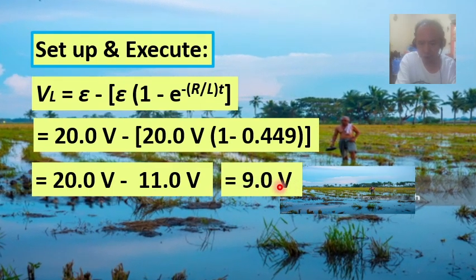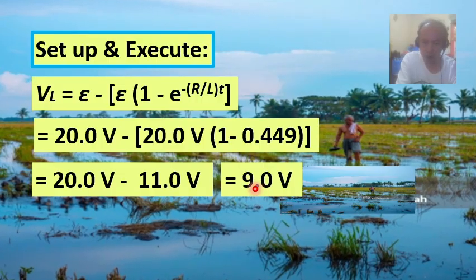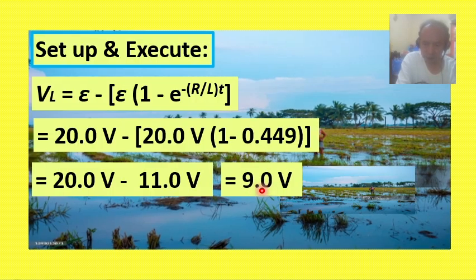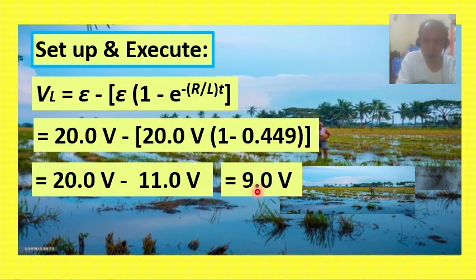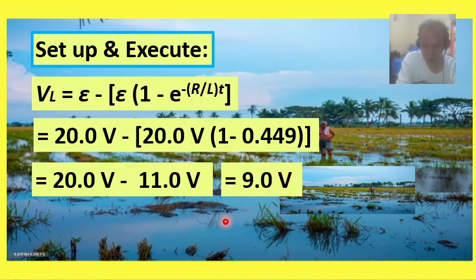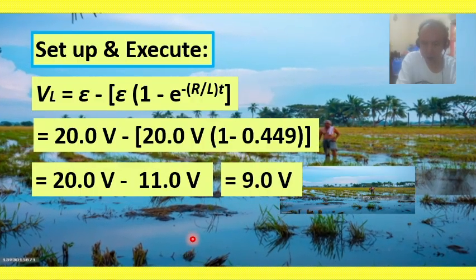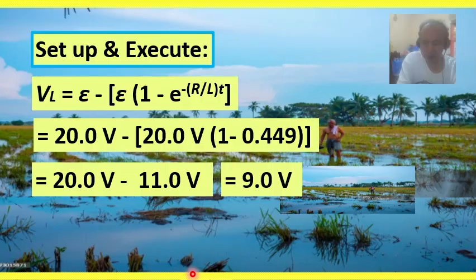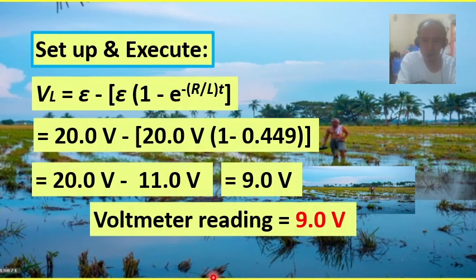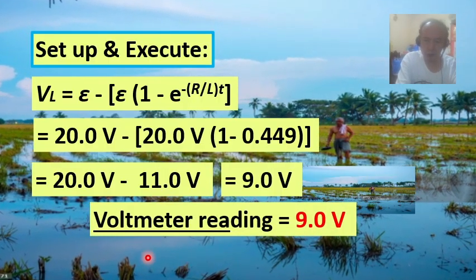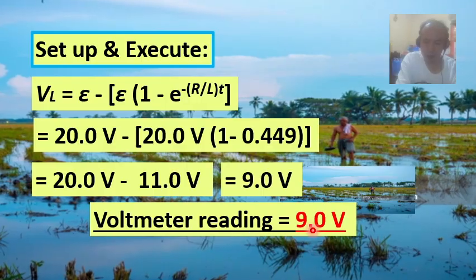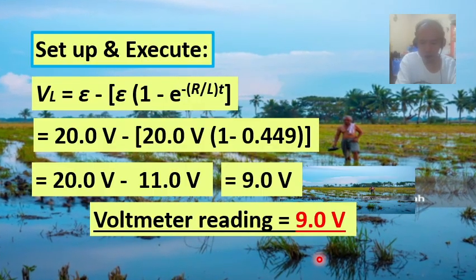So this is the induced voltage in the inductor, which is what the voltmeter reads. Voltmeter reading is 9.0 volts.